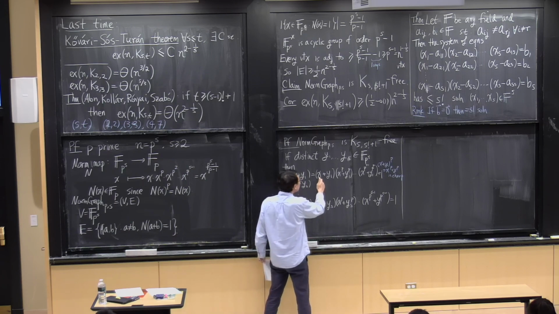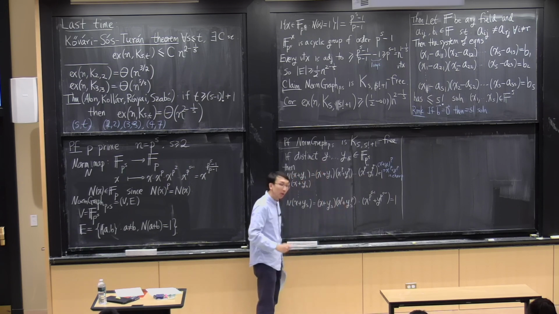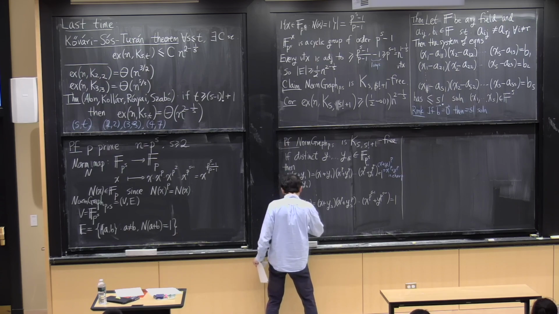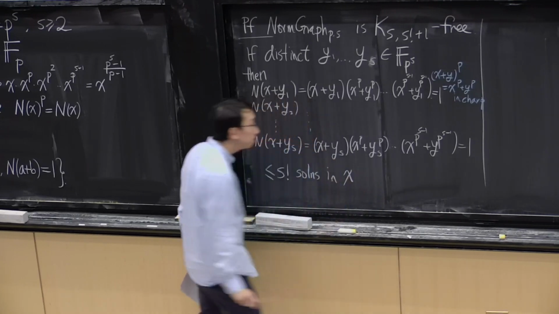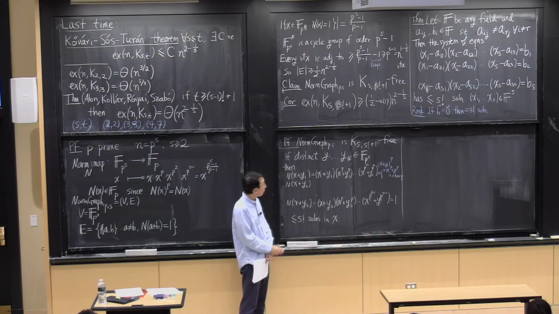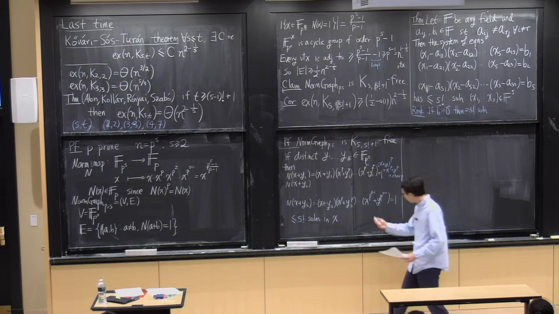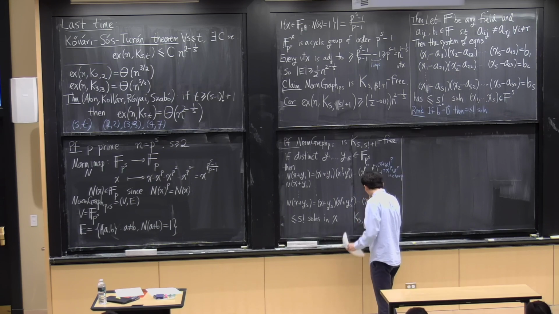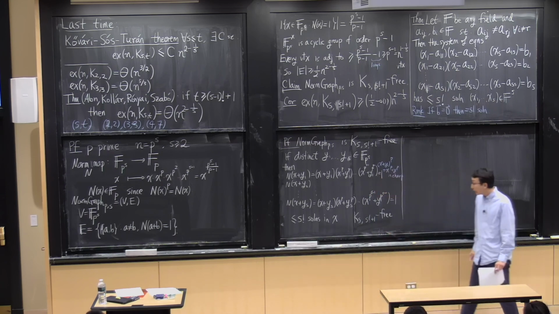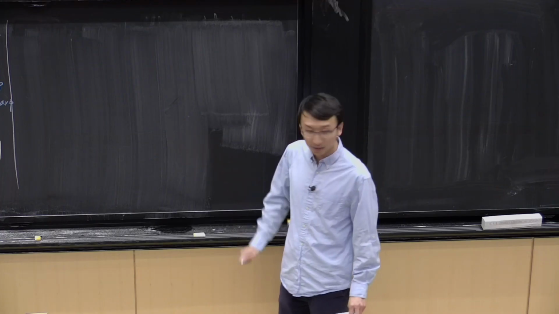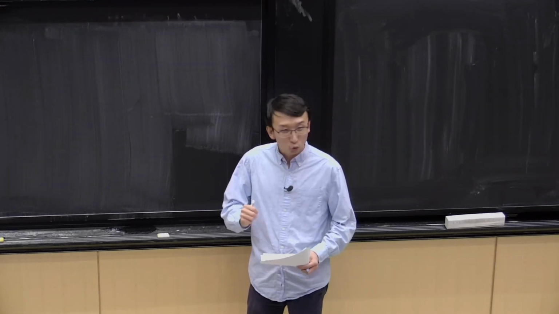Even if I treat each of X, X to the p, and so on as separate variables, that theorem up there tells me that there are at most S factorial solutions in X. It satisfies all the hypotheses of that theorem. Therefore, the graph is K_{S, S factorial plus 1}-free. You do not have more than S factorial different values of X satisfying this system of equations. And that's the proof that this norm graph is KST-free.